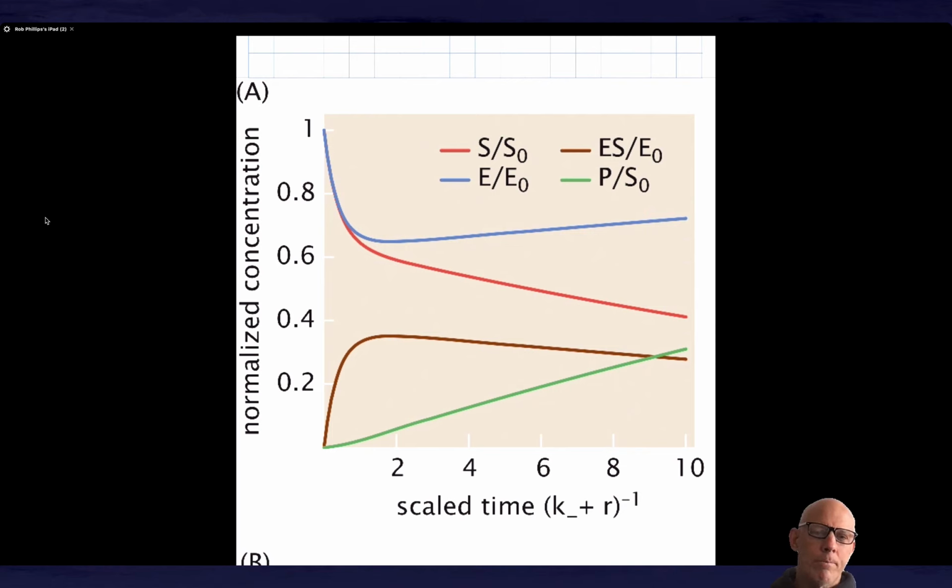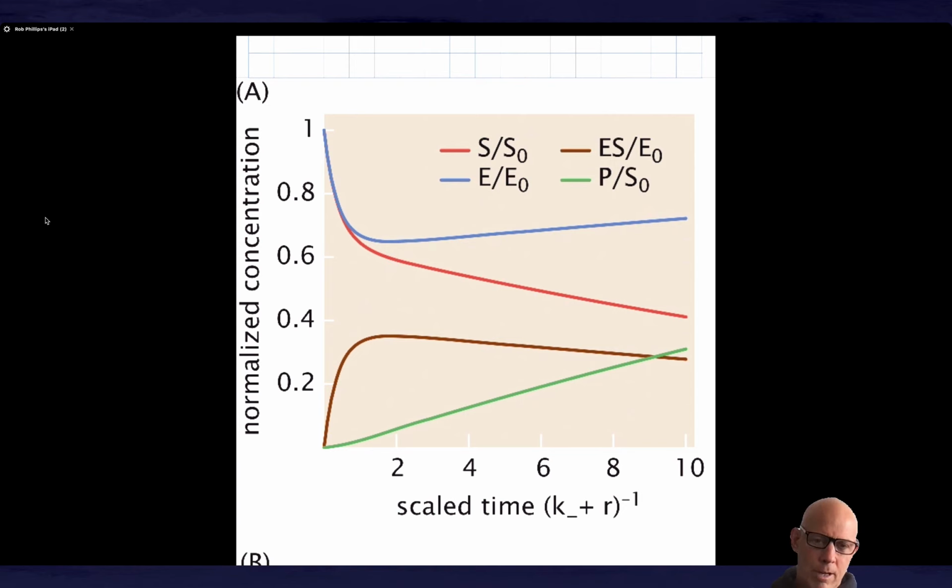Let's see, how do I want to say this? First of all, what are we doing? We're plotting the substrate, the enzyme substrate, and the product as a function of time. Time is scaled in units of k minus plus r inverse. So remember, k minus has units of 1 over time, so 1 over k minus has units of time.